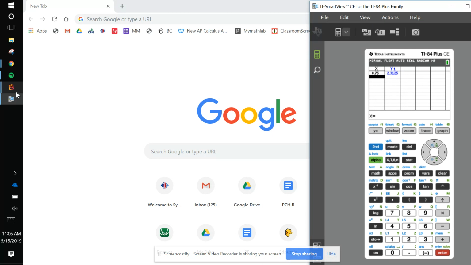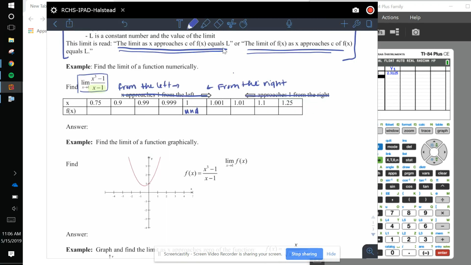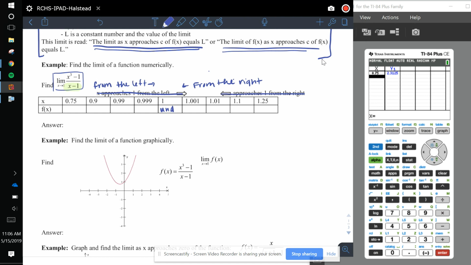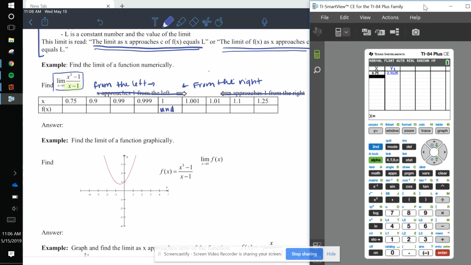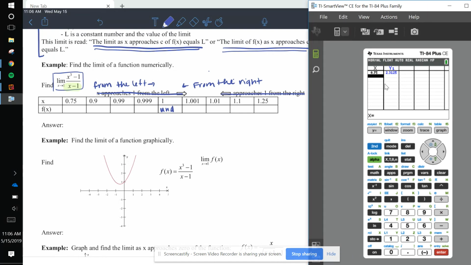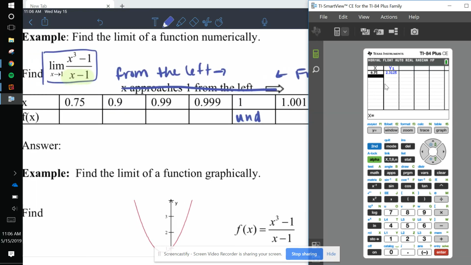Let's see if we get both in there. Next, 2.3125. I'll go ahead and put in 0.9.